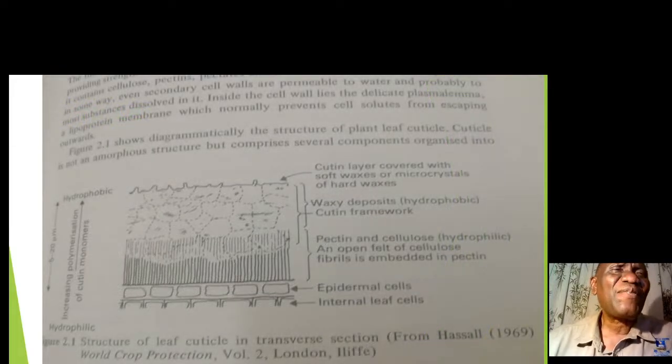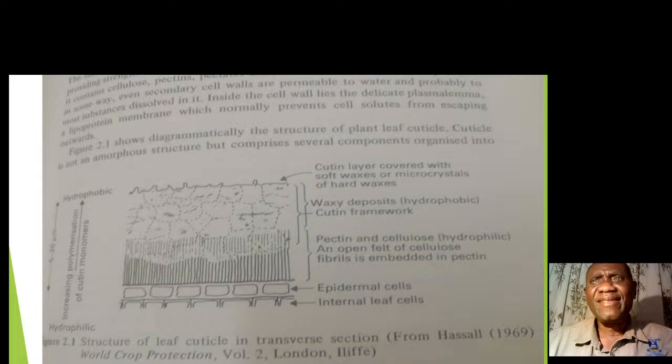Anyway, these are some of the details. Probably when you look at your notes or PDFs, you may go into the details. But these are just the components of the cuticle for the plant.